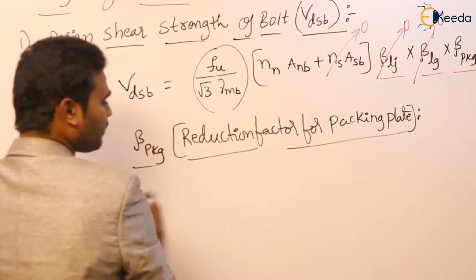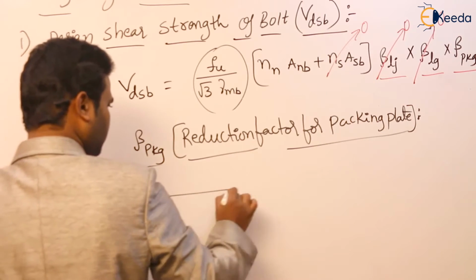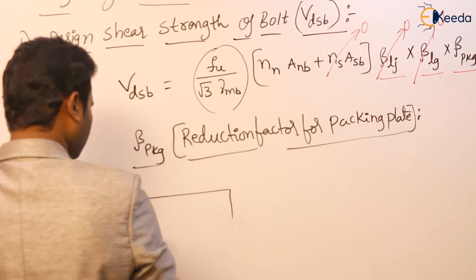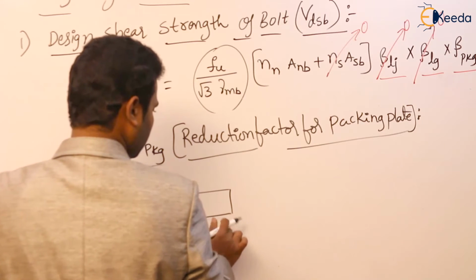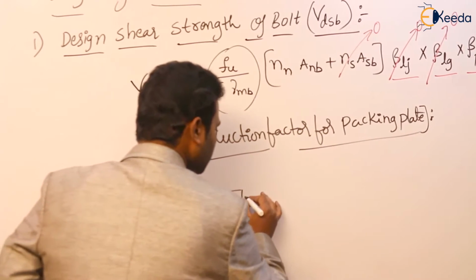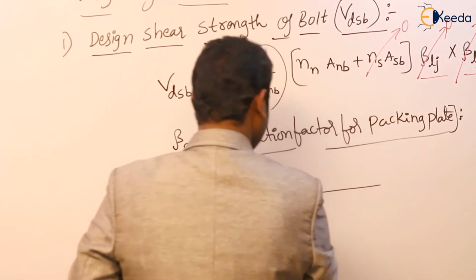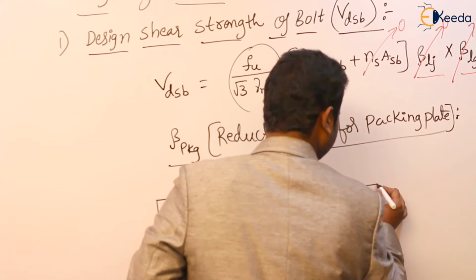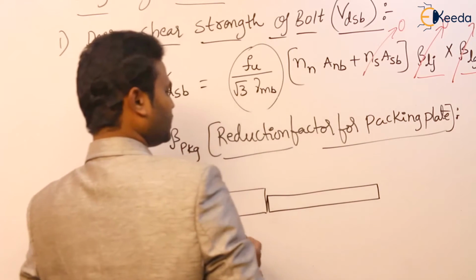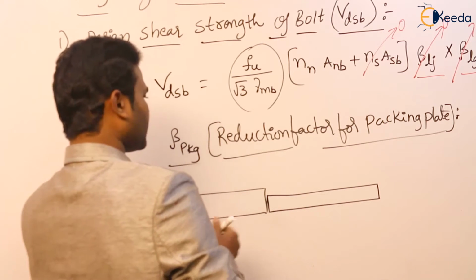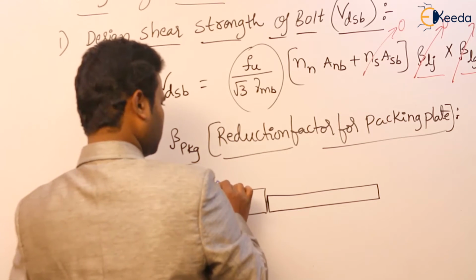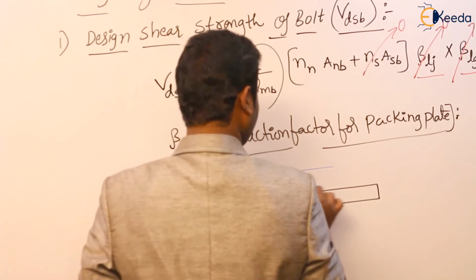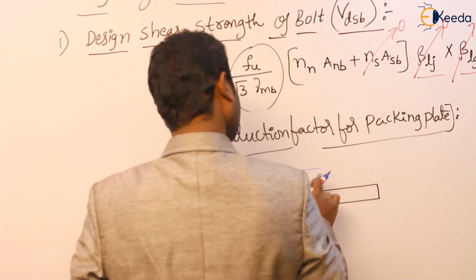Assume that two members of different thickness are going to be connected. This is one member. Now this member is going to be connected to this member, which has lesser thickness than the other member. Clear? So this is this member. Now, by using a cover plate like this, we are going to connect it.